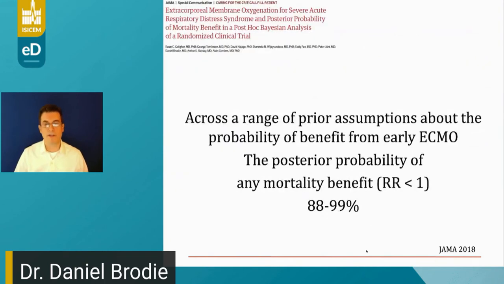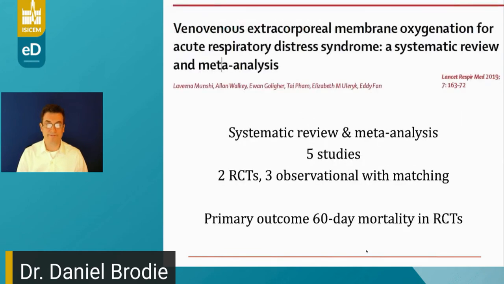In fact, across a range of prior assumptions about the probability of benefit from early ECMO, the posterior probability of any mortality benefit, meaning a relative risk less than 1, it's 88 to 99%. There's an 88 to 99% probability that there is some mortality benefit.